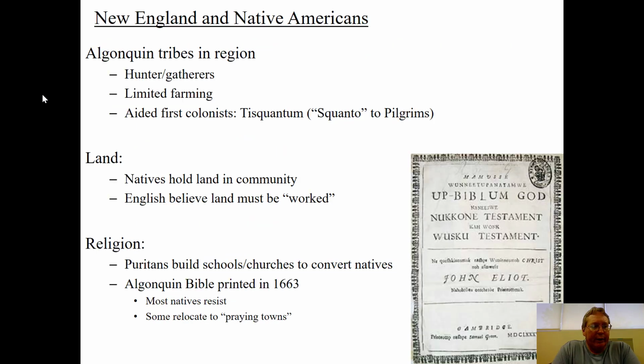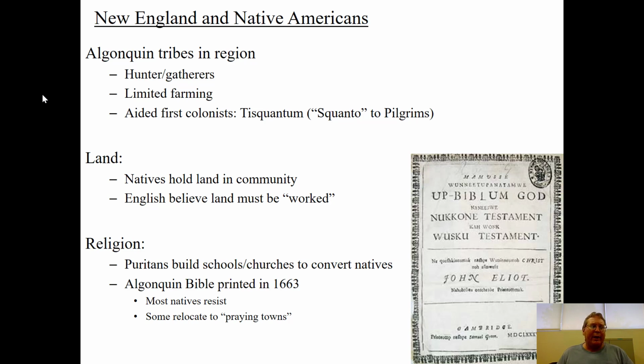Now, another thing that we want to talk about is to understand the relationship of these Puritans with the Native Americans that they're displacing. And one thing that we do have to be honest about is that on at least some level, these Puritans really do want to convert natives. They do want to make them good Protestants like themselves, okay?